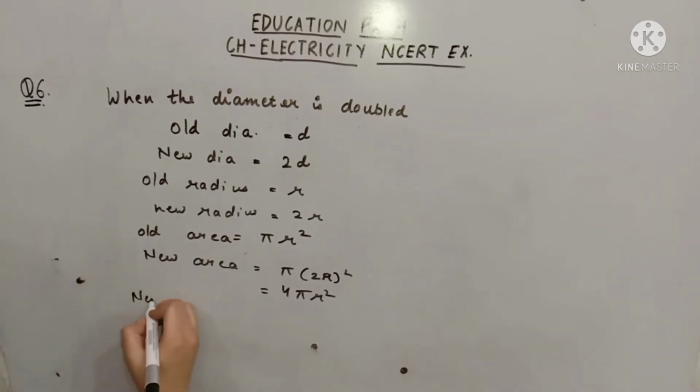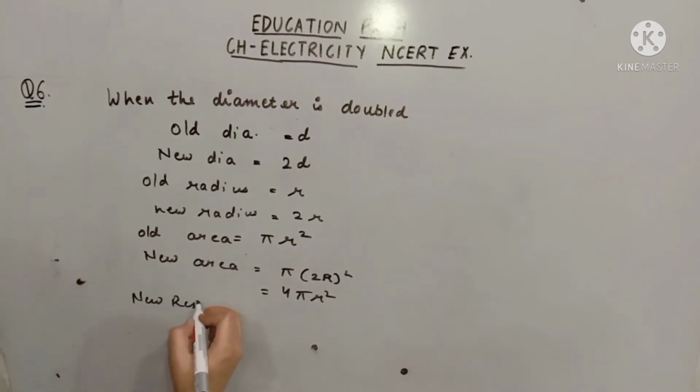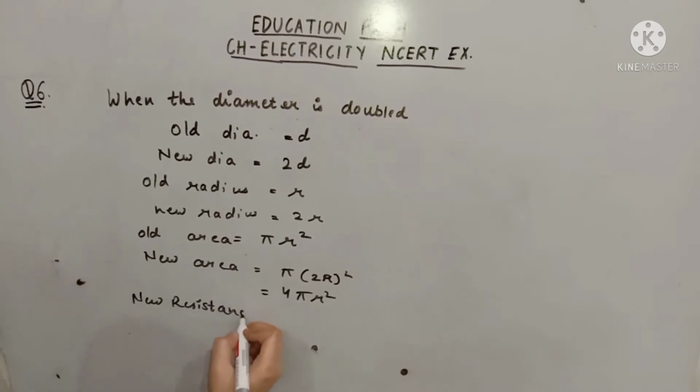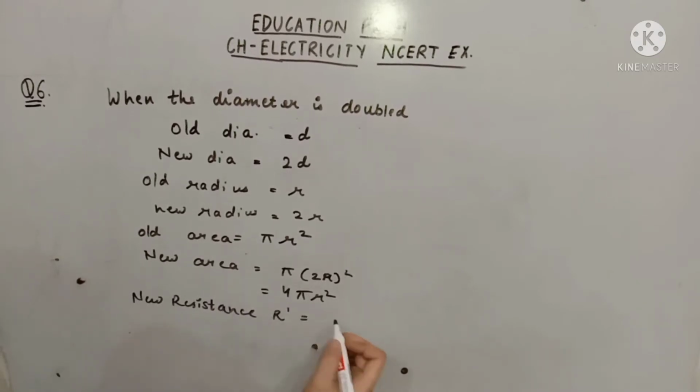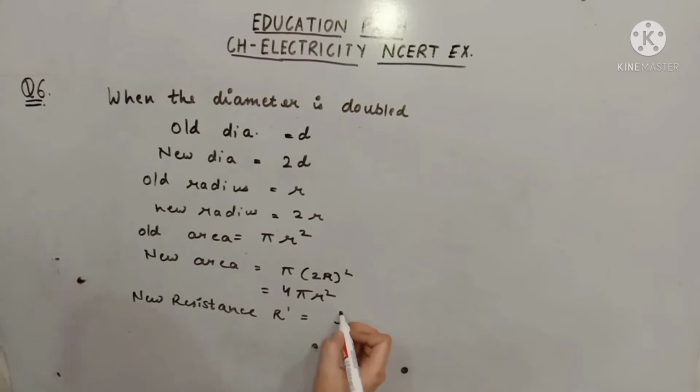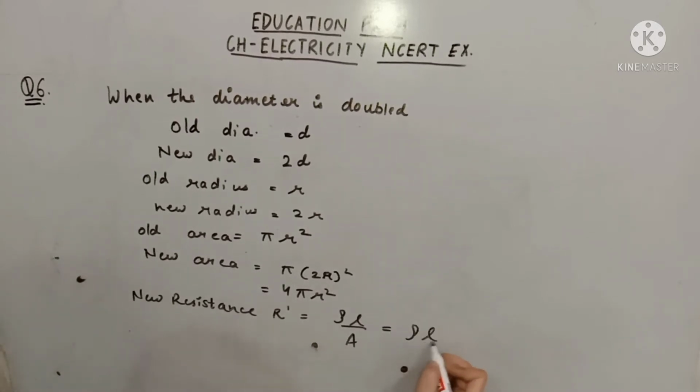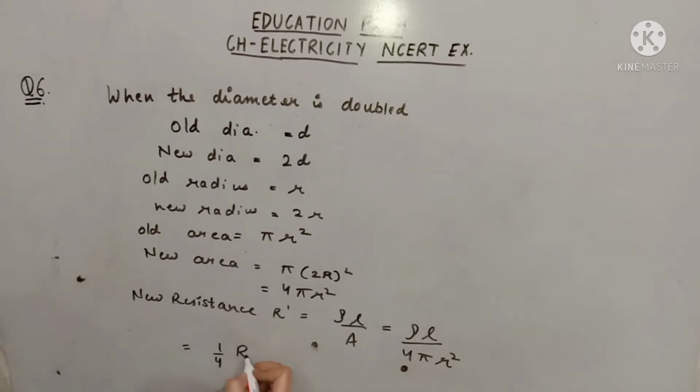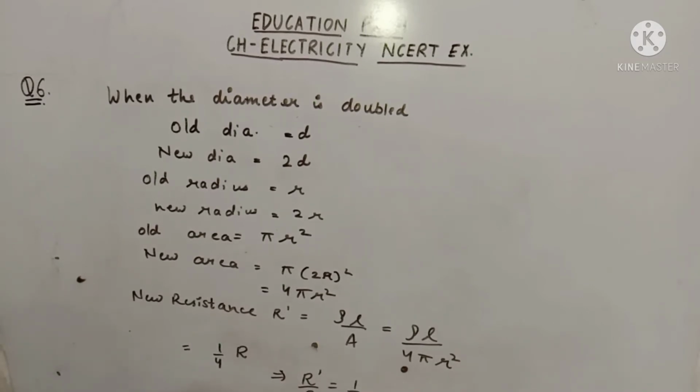Now new resistance. Let's check. R dash equals rho L upon A, rho L upon new area 4 pi r square, which is 1 upon 4 times of R. So R dash upon R is 1 upon 4.